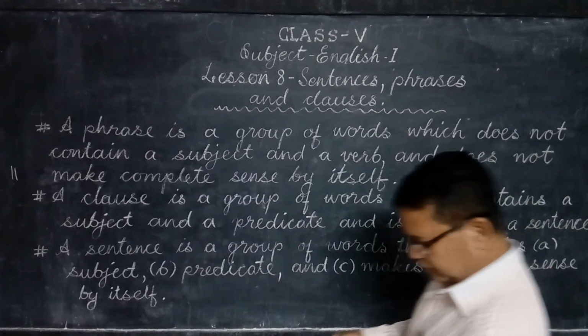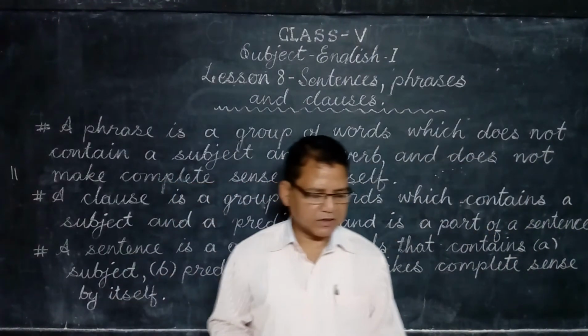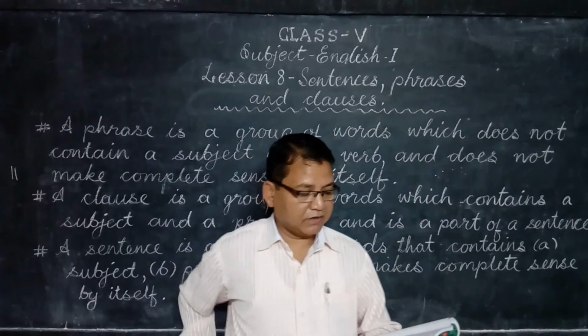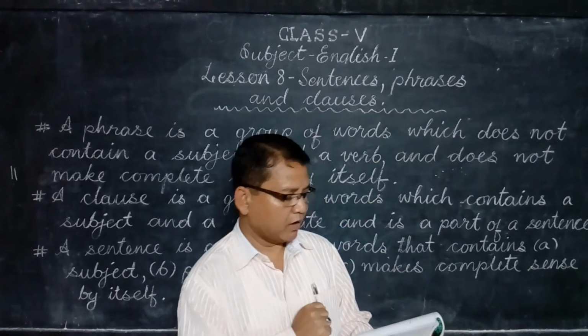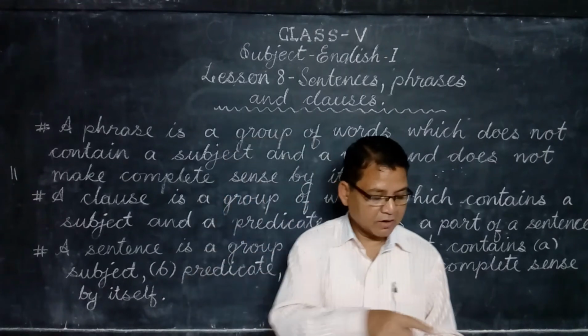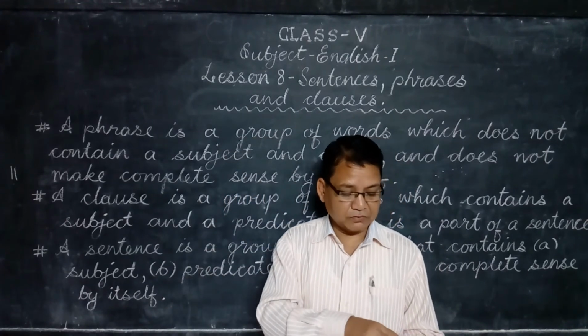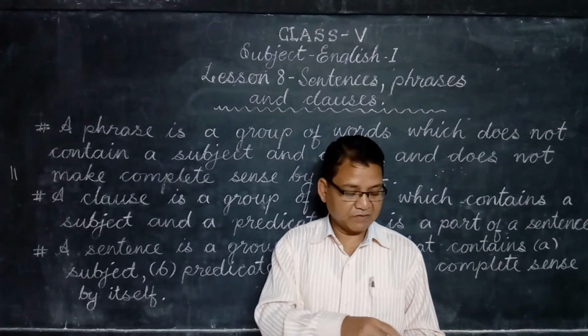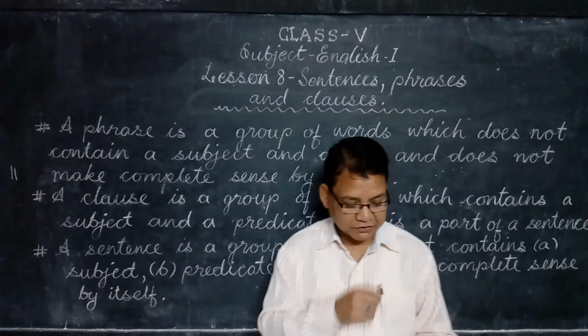Two or three clauses are joined together. Now let us see. It is clear from the examples that a sentence may contain only one clause or more than one clause. Like: birds were flying in the sky; the fishing boats will return when the sun sets; as soon as the vacation starts, we shall go on an excursion.